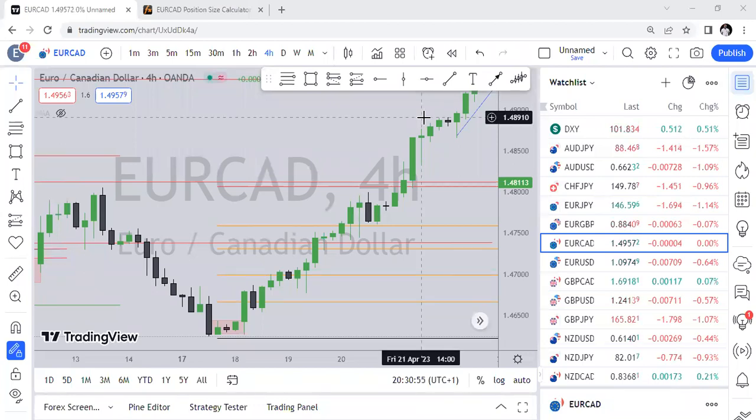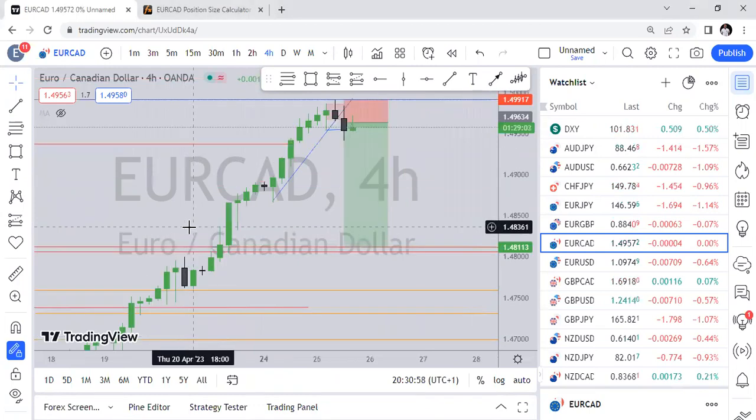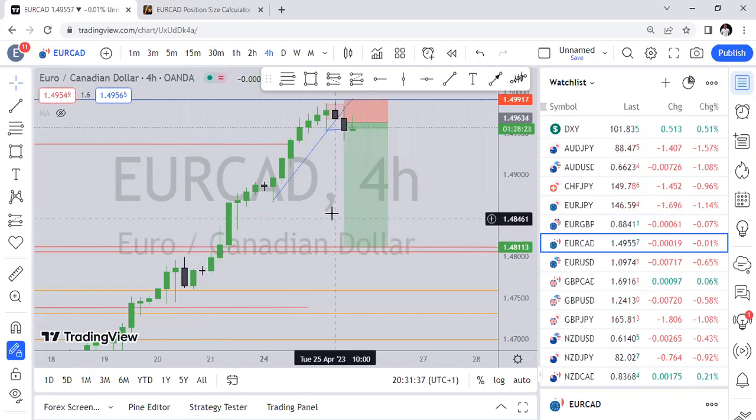When you are able to see it on a higher time frame, it's very helpful. You want to look for it at key levels in the market.